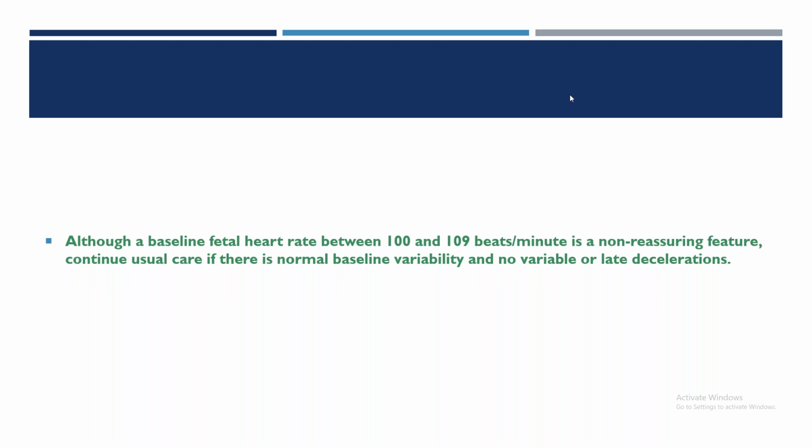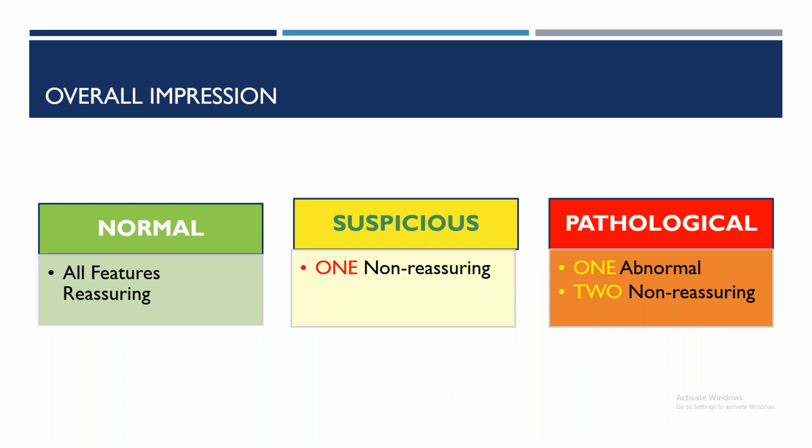So till now we have seen the different features of the CTG, and depending upon those features, we have classified them as reassuring, non-reassuring, and abnormal. Now the overall impression of the CTG, how you are going to classify the CTG, remember well. Features we classify as reassuring, non-reassuring, and abnormal, while the CTG we will classify as normal, suspicious, and pathological.